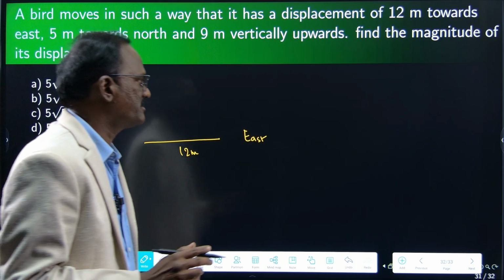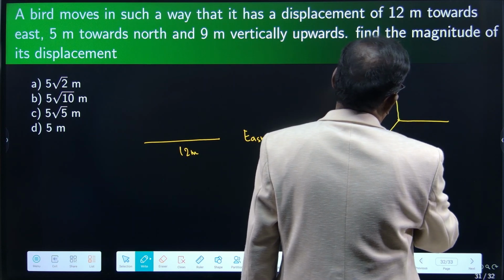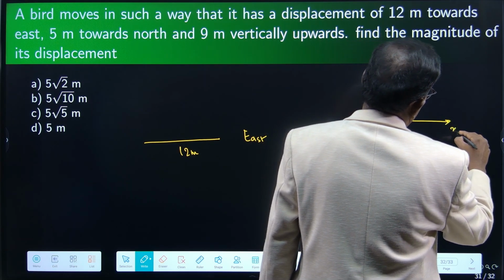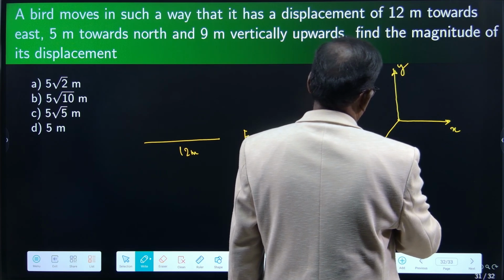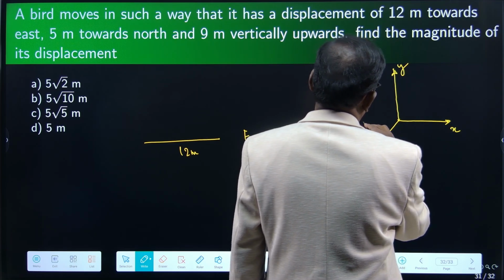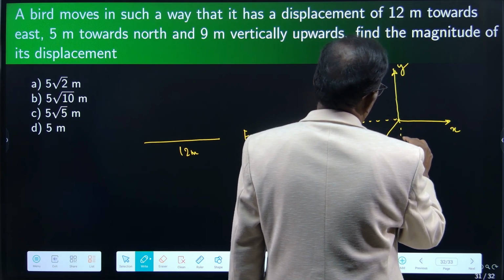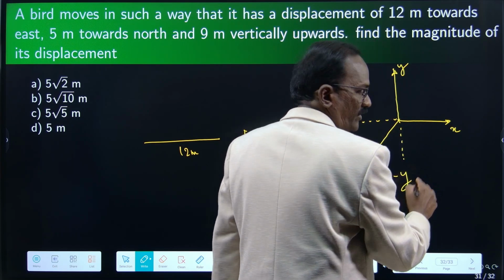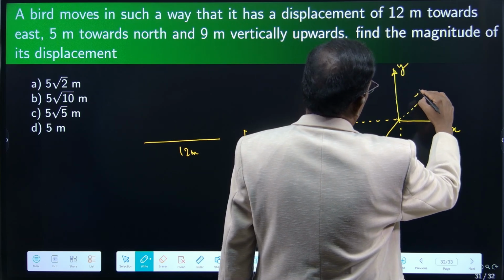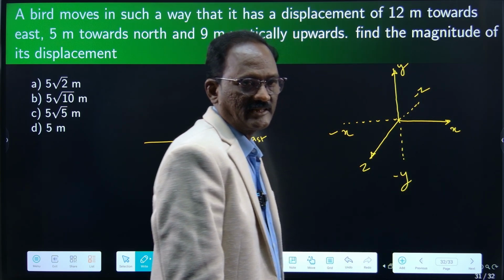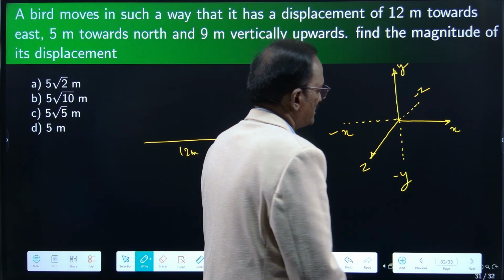So this is a 3-dimensional problem. X, Y, Z we have to use. This is x-axis and this is y-axis and this is z-axis. This will be minus x and this will be minus y and this will be minus z, right? The vector algebra, you must have studied this 3-dimensional representation.